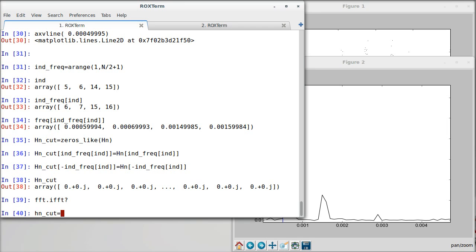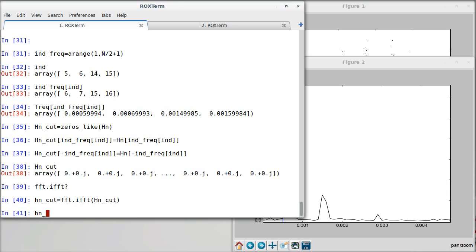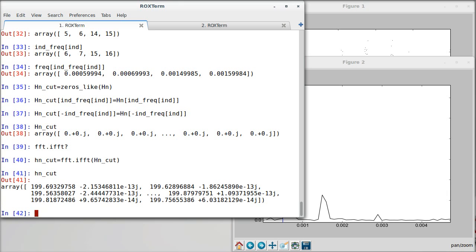Let's construct our new noisy signal, call it HN cut, by doing the inverse Fourier transform. So this is our new signal, which just contains this set of frequencies.